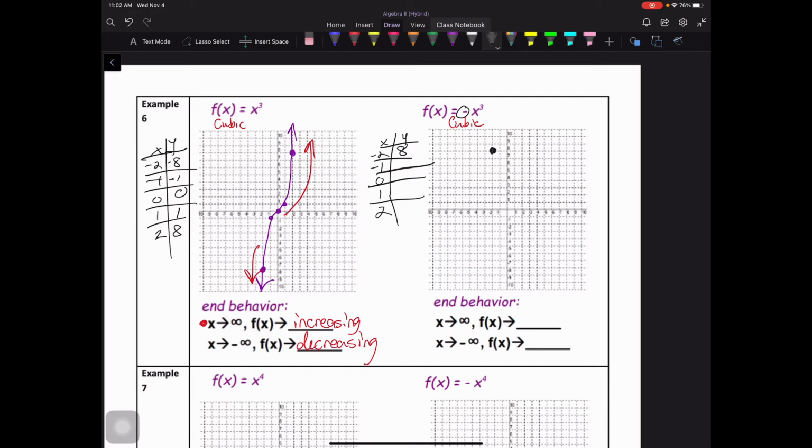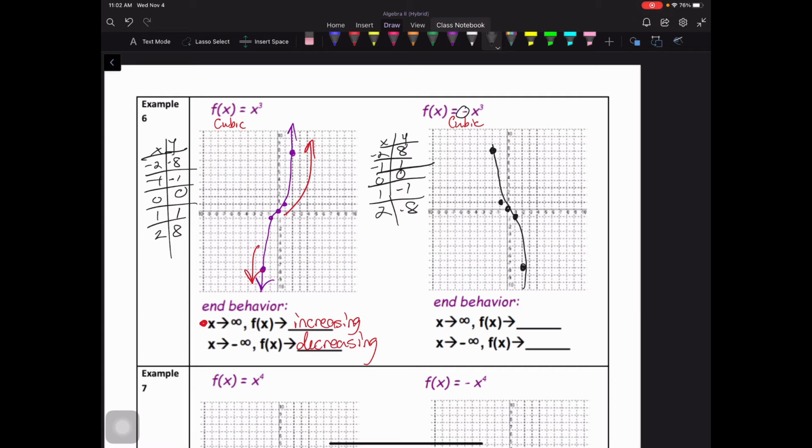Okay, -1 cubed is -1, but then again, the negative out front makes it +1. 0, 0, still it doesn't change. 1 cubed is 1, but the negative now makes it -1. And 2 cubed is 8, but the negative will make it -8.